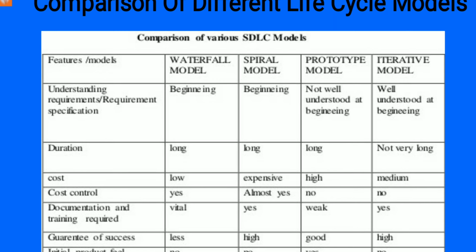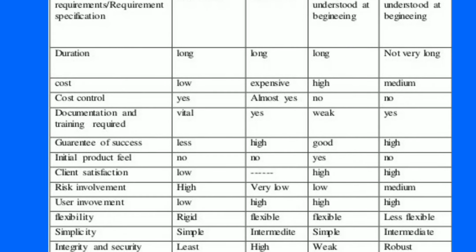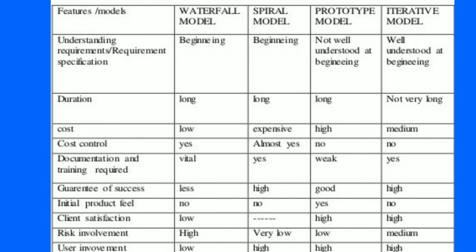For duration, the waterfall model is long, spiral model is long, prototype model is long, and iterative model is not very long. So next we go for the cost. The waterfall model is low, the remaining are expensive, high and medium.